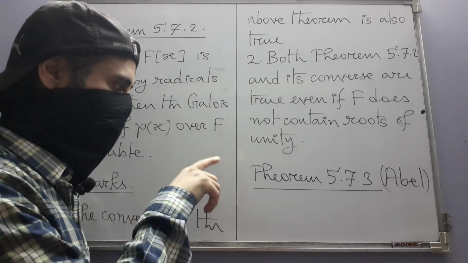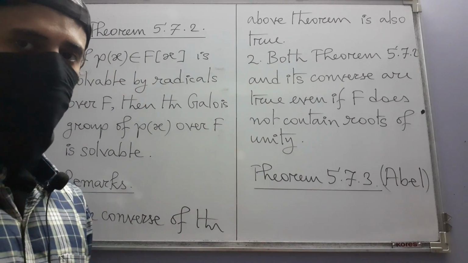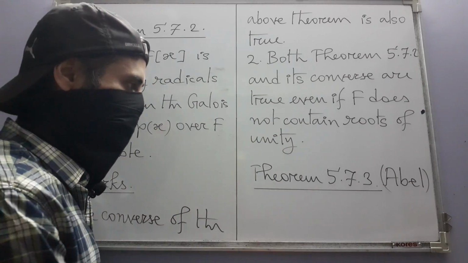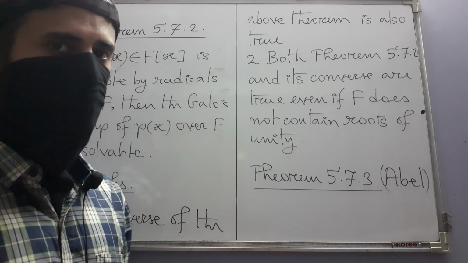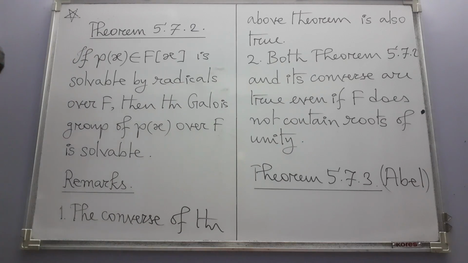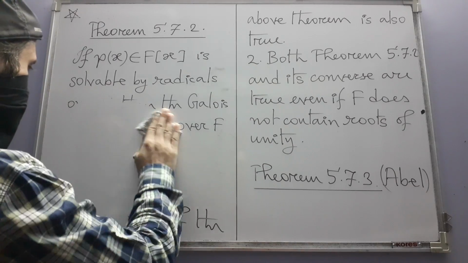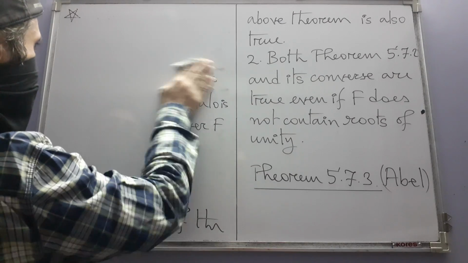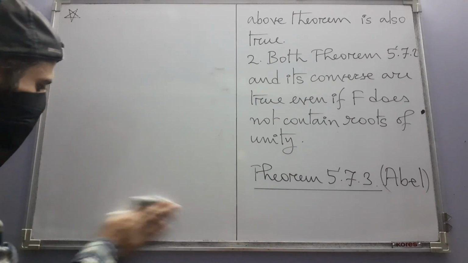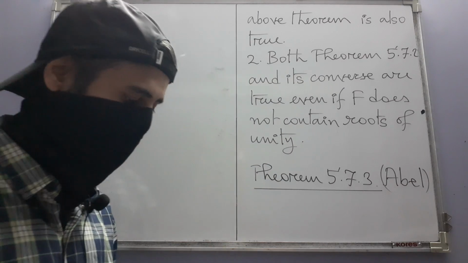Instead, we complete the section by finally having this theorem, Abel's theorem, which is that the general polynomial of degree at least 5 is not solvable by radicals. So let us first write the statement and then we see the proof. The statement is just what I said just now.